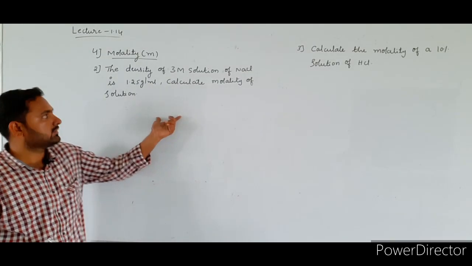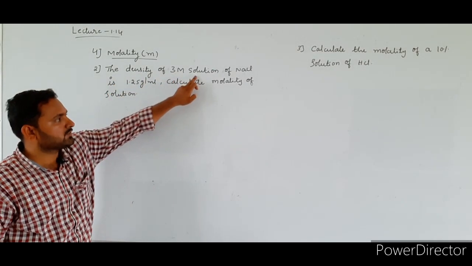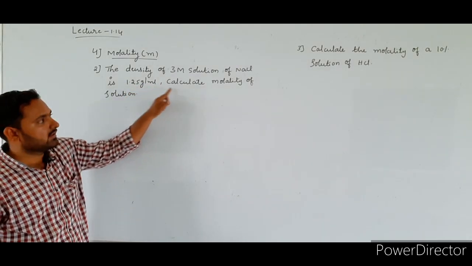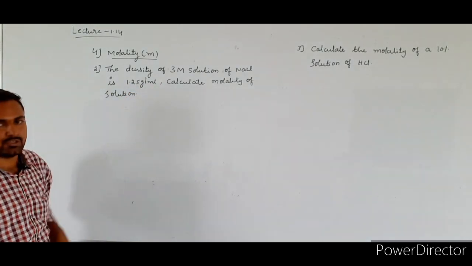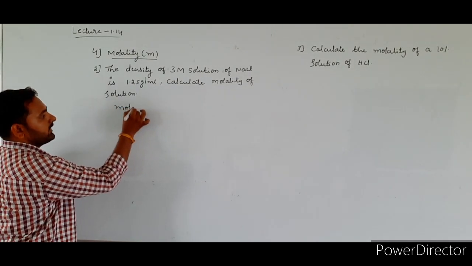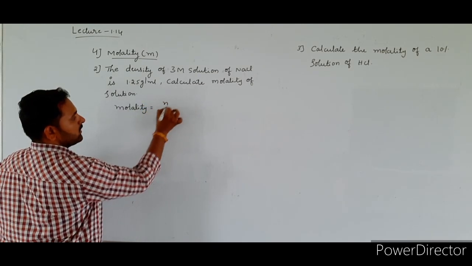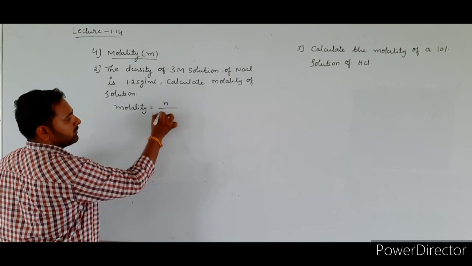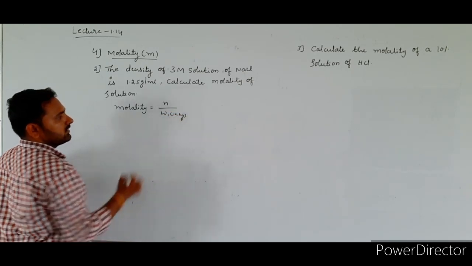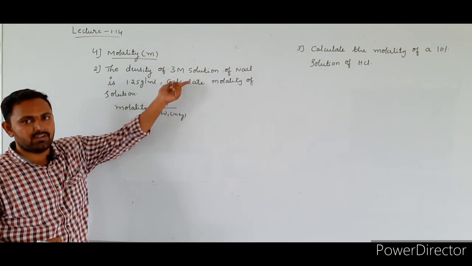Next numerical: the density of 3 molar solution of sodium chloride is 1.25 gram per ml. Calculate molality of solution. Now, molality is equal to number of moles divided by mass of solvent in kg, right? Is the number of moles of solute given?